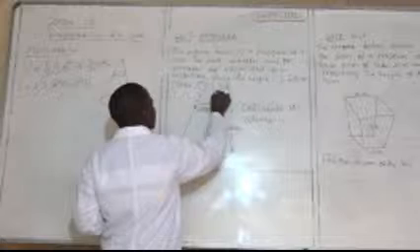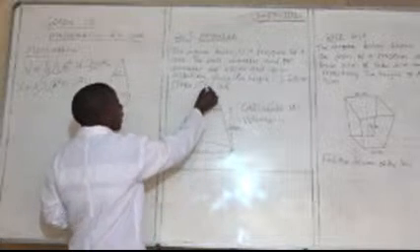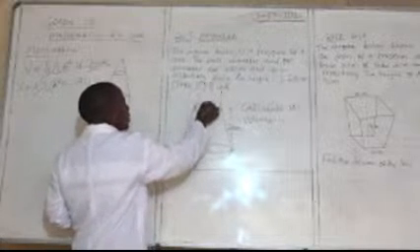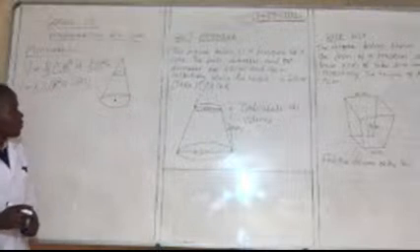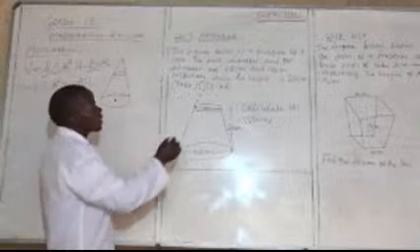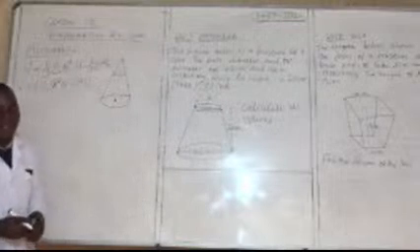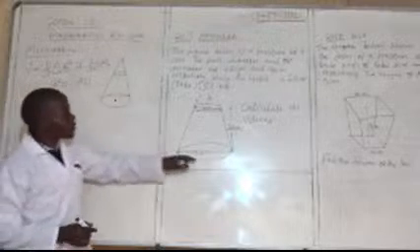We can draw something like this. So we have another frustum here, or another cone. Now the way it is here, we do not know the height of this cone. And this is our formula here. The only height that we have is for the frustum.